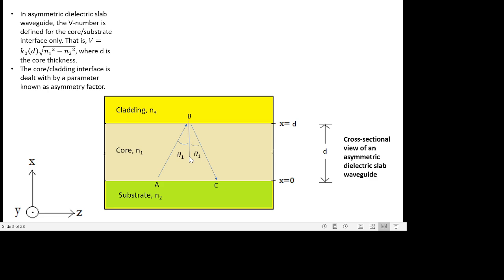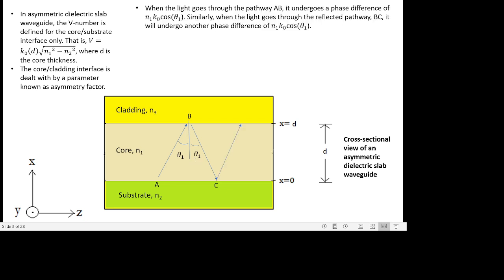And because of the law of reflection, we expect the angle of incidence to be equal to the angle of reflection. And this is how we end up with the so-called total internal reflection.